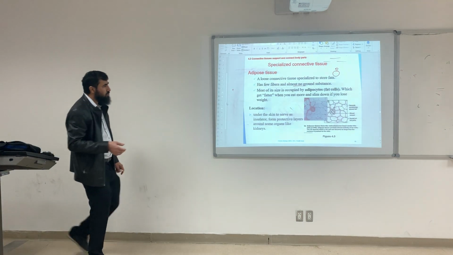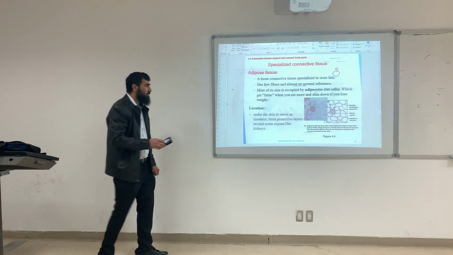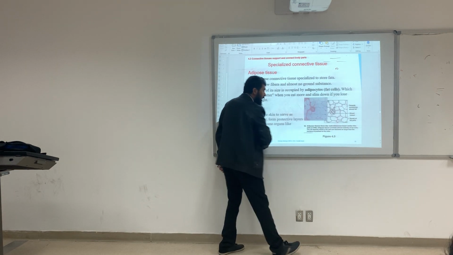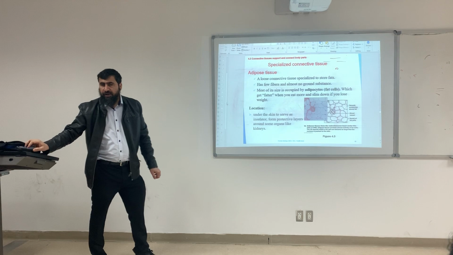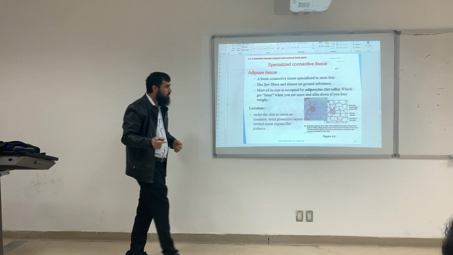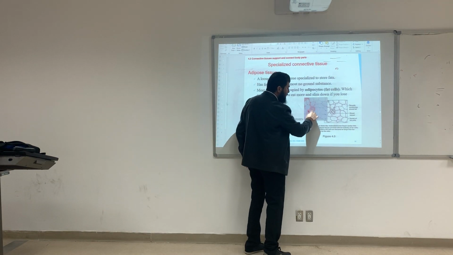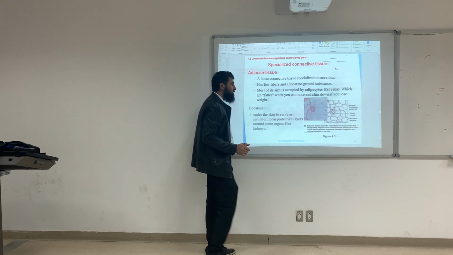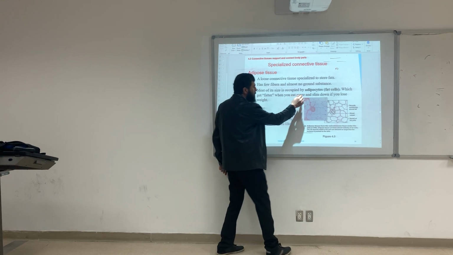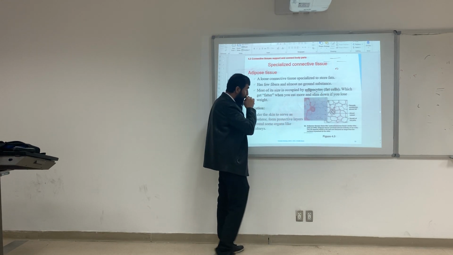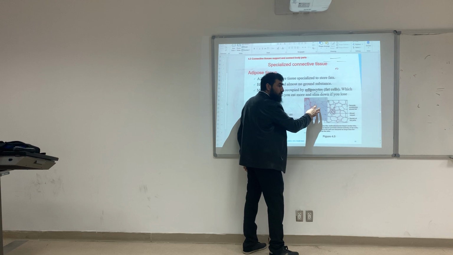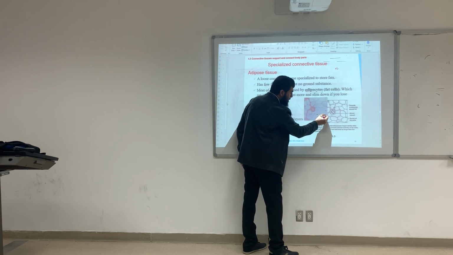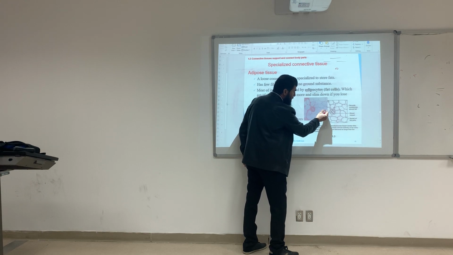So adipose tissue, I mentioned earlier, is a form of loose connective tissue, and it has very little ground substance, okay? Mostly lots of these fat cells with the vacuoles containing the fat. Sometimes they're also called adipocytes because when they are filled with fat, the nucleus is usually pushed to the periphery of the cell.